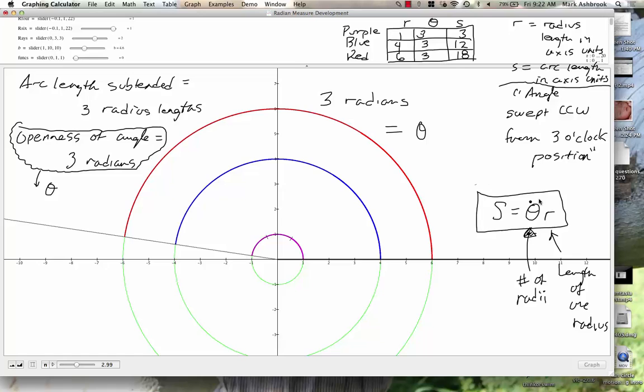In this case, we have 3 of whatever the radius length is. So if the radius length was 75, we take 3 lengths of 75, and that would make 225.